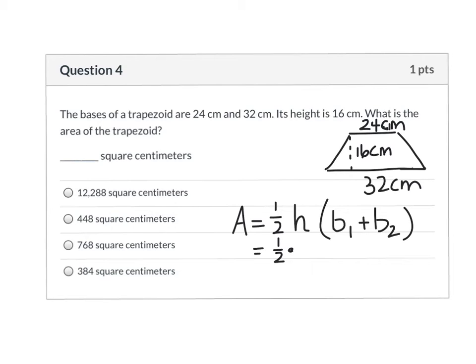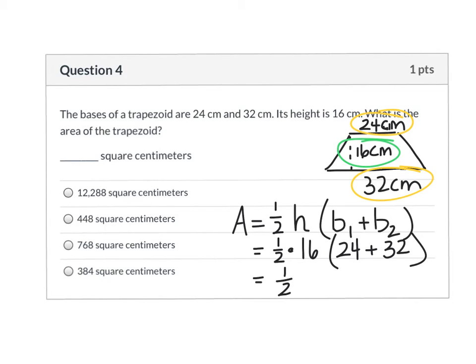1/2 times my height is 16 times the sum of the two bases. So I'm going to take my 24 and 32. 24 plus 32. Again, order of operations is going to tell me I need to multiply or add what's in the parentheses first.